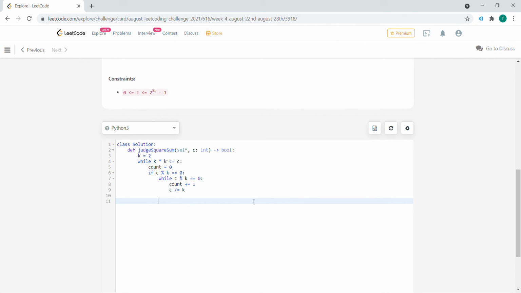To do that, we'll do: if k modulus 4 is equal to 3 and the count modulus 2 is not equal to 0, then we want to return false, because this is not what we want. We want to reject the factor decompositions of the form where q is odd.